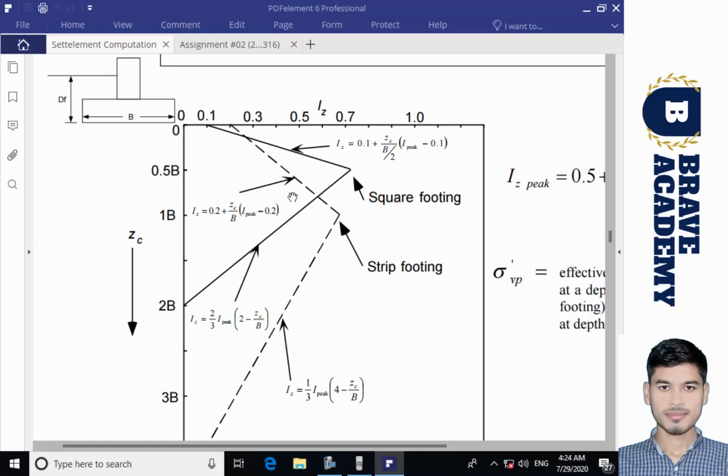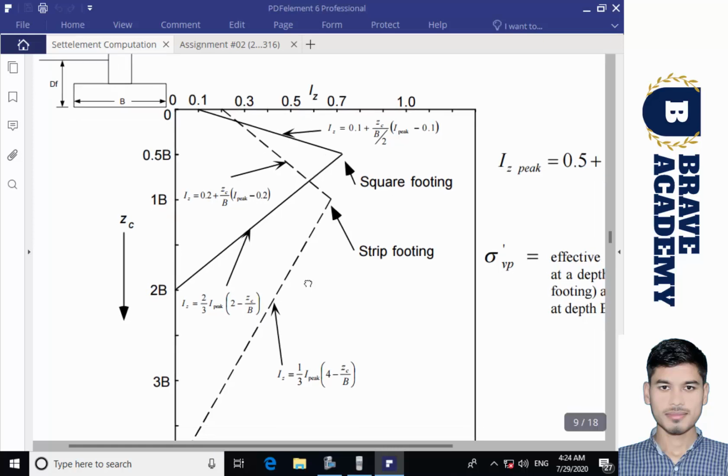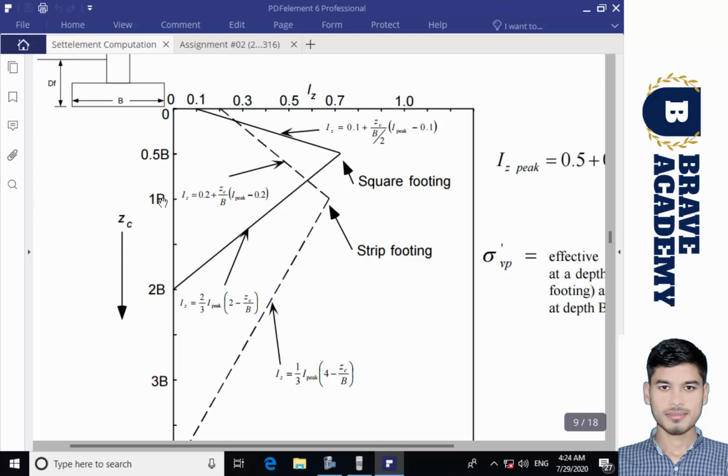And if your depth is greater than 0.5 B, you will use this formula, you can see this arrow: Iz equals 2 by 3 Iz peak into 2 minus Zc over B. And in case of strip footing, if your depth is less than 1 B, you will use this formula: Iz equals 0.2 plus Zc over B into Iz peak minus 0.2.